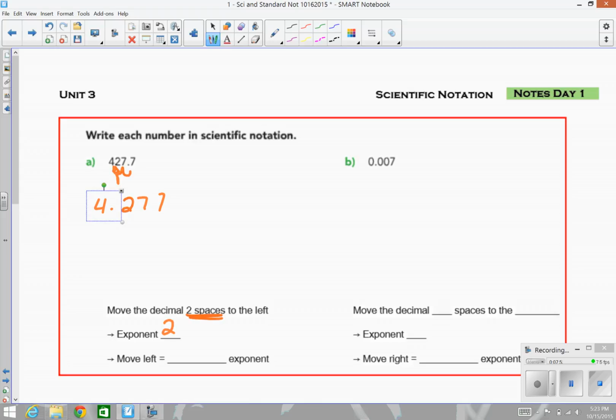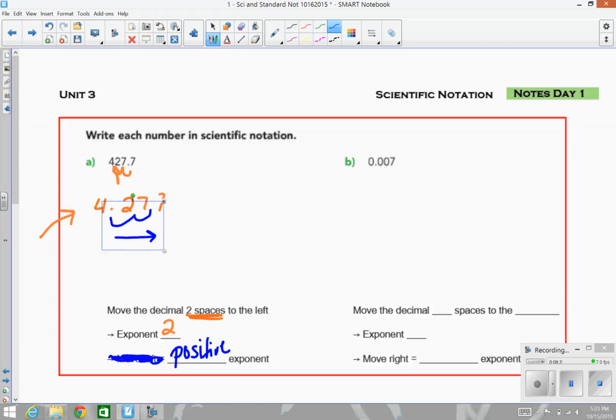Now when I look at this value here, I want to ask myself, what would I need to do to that number to get it back to where it started? The answer is we would have to move it 1, 2 spaces to the right. Numbers to the right are positive, and positives will keep our exponent positive.